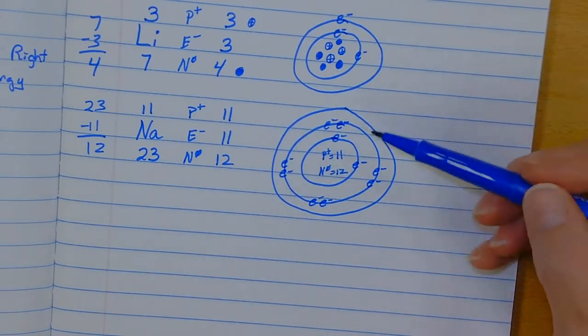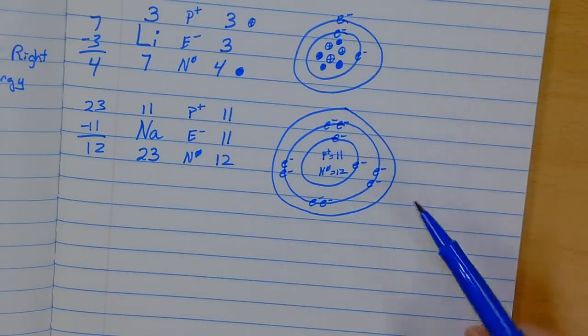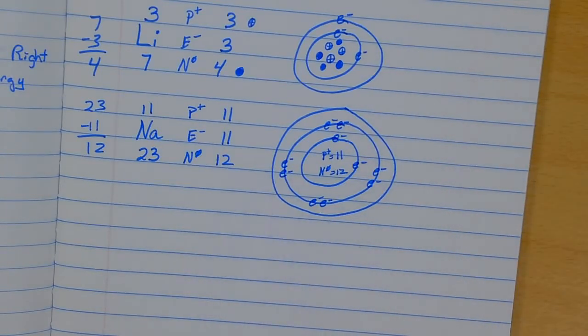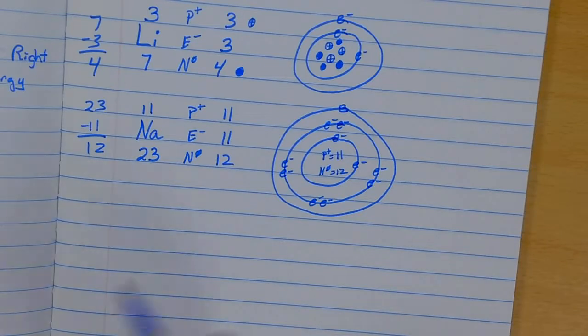So we have 2 on the first, and 2, 4, 6, 8 on the second, so that's 10 in all. We need one more, and that is 11. So that's all of our energy levels filled with the amount of electrons that we need.